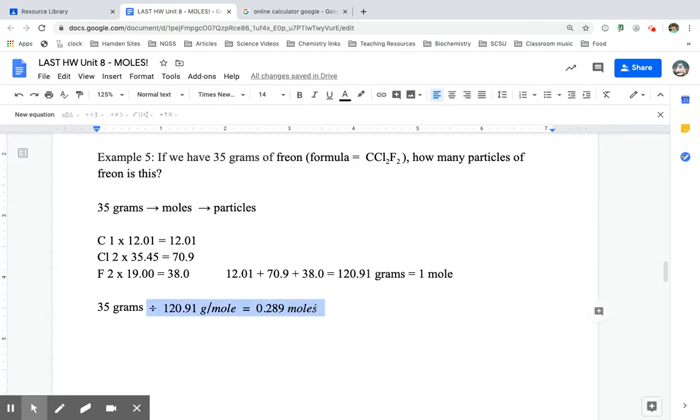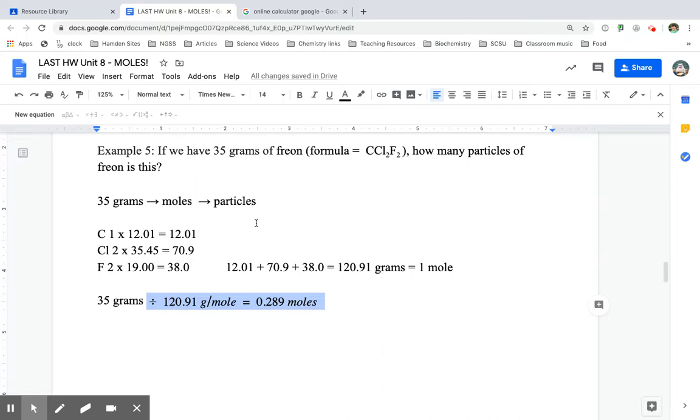So if it's this many moles, how many particles? We know that 1 mole contains 6.02 times 10 to the 23rd particles, so let's multiply it out. We're going to take 0.289 moles times 6.02 times 10 to the 23rd particles per mole.